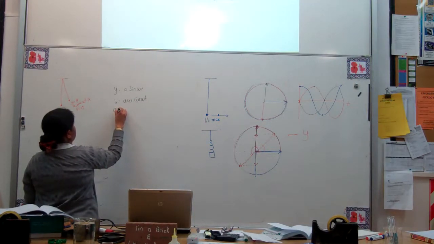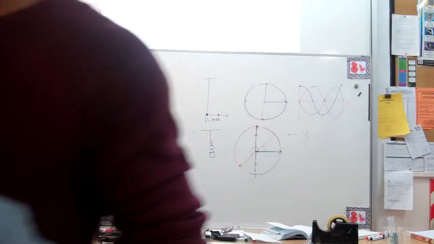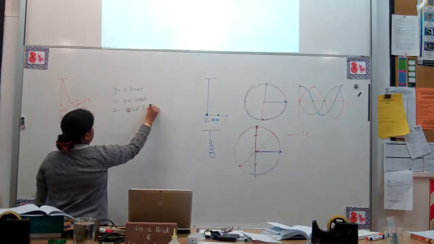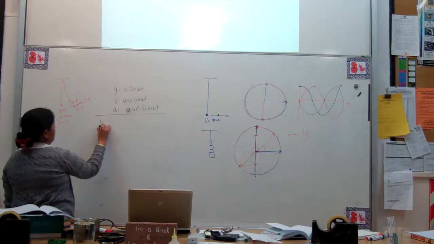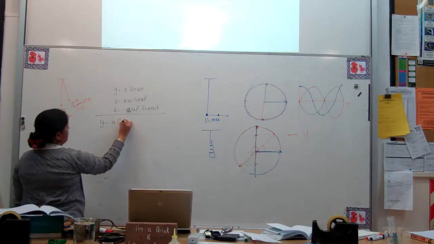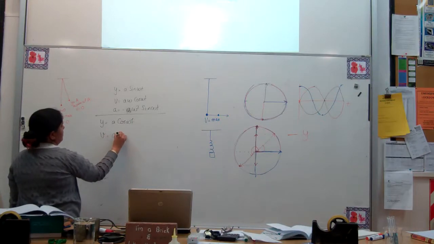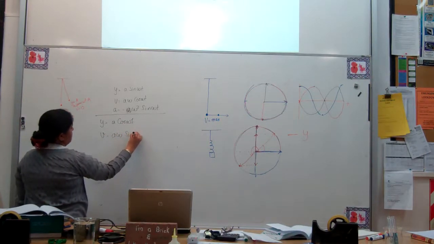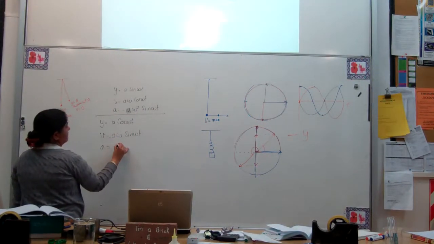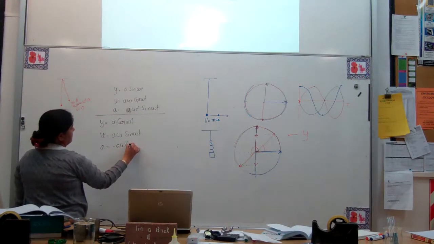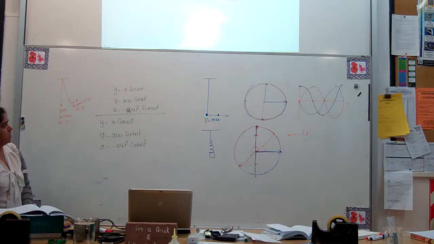And acceleration is minus A omega squared sine omega t. Then there is y is A cos omega t. V is A omega sine omega t. Have you seen these before?